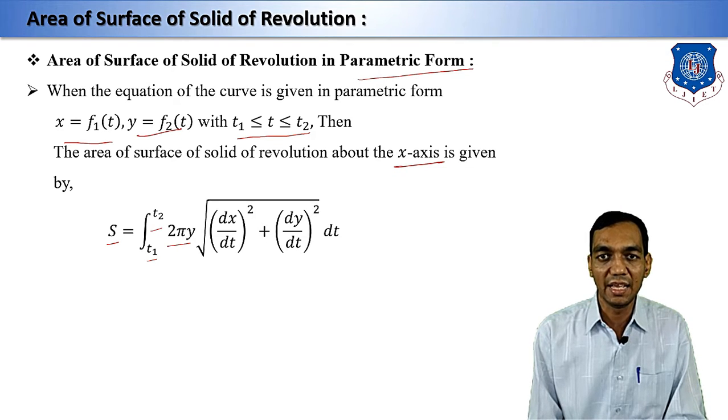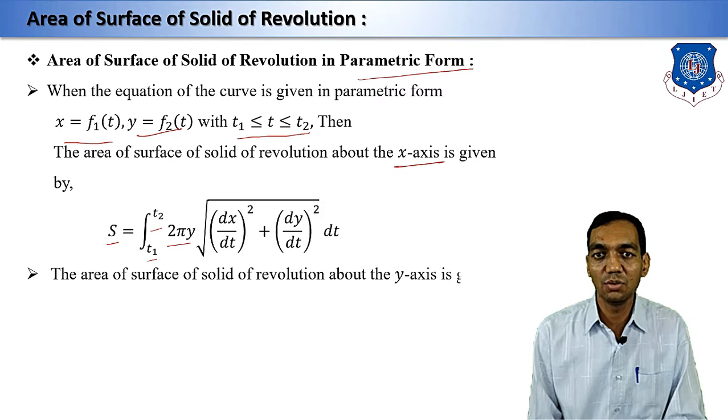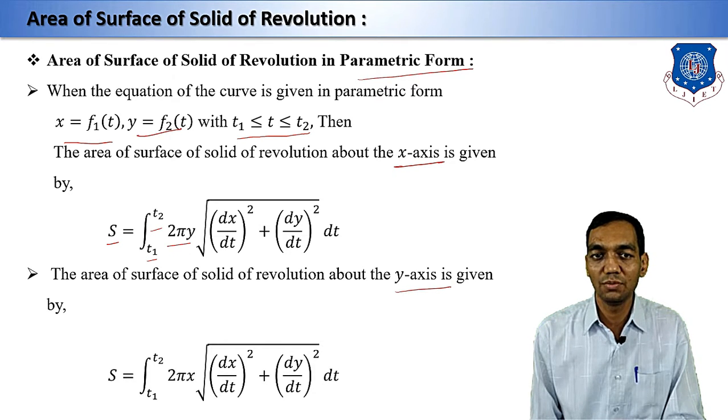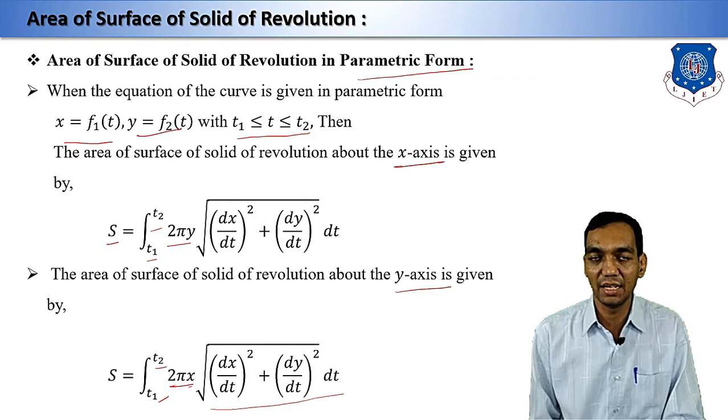Instead of the x-axis, if you are going to rotate this curve about the y-axis, then the formula is written in the form of S is equal to the integration from t1 to t2 of 2 pi x into under root of (dx by dt) the whole square plus (dy by dt) the whole square. This remains as it is, only here you have to change y to x.